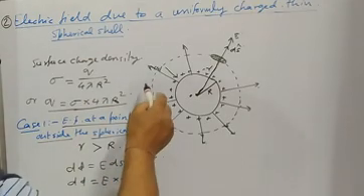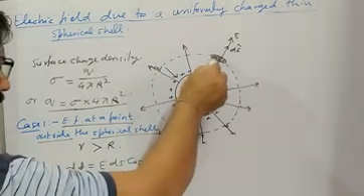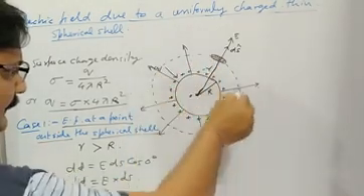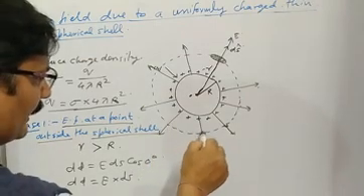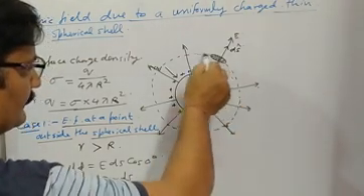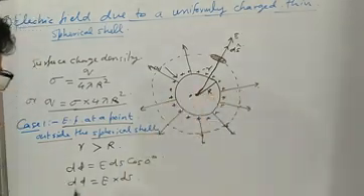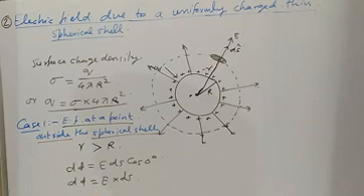Now we can find what is the flux passing through this whole Gaussian surface. In this case the Gaussian surface is going to be a larger sphere of radius small r. So flux passing through the Gaussian surface, if we integrate this equation, we can write integral d phi is equal to E integral ds.